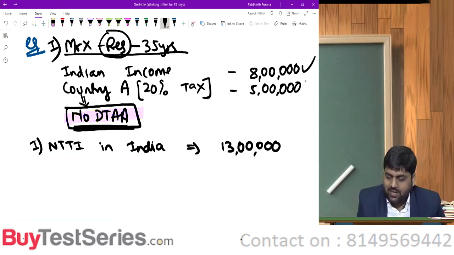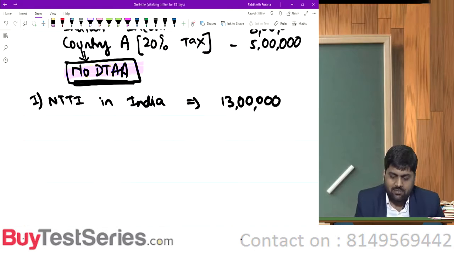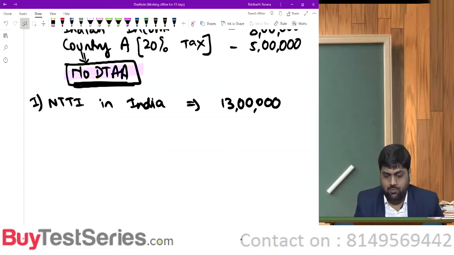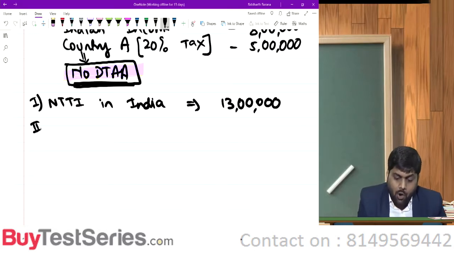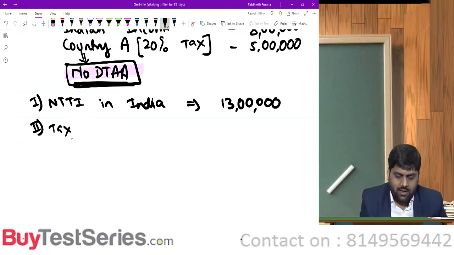The reason is that the 8 lakh and 5 lakh are both going to be taxable. A resident has to pay tax on world income. This is why double taxation has arisen. Net taxable total income in India is going to be rupees 13 lakh. On this 13 lakh rupees, you are required to calculate the tax liability in India.